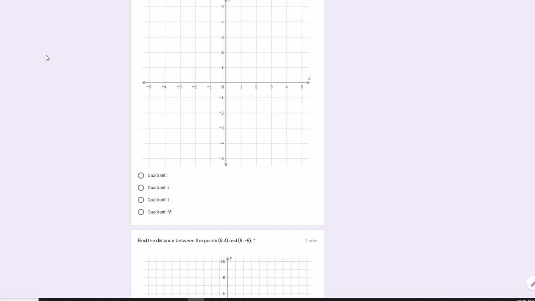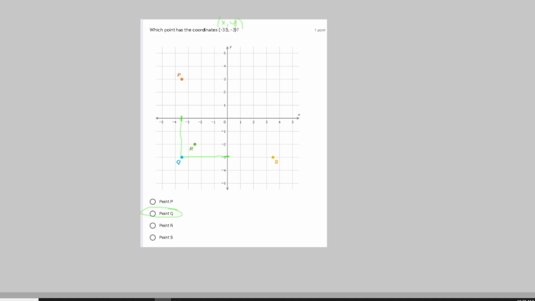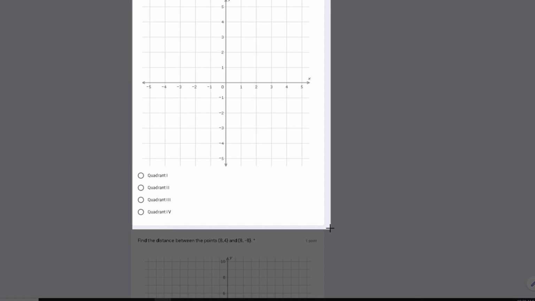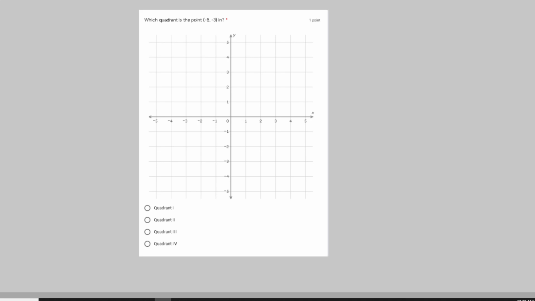All right, so what quadrant is the point negative 5, negative 3 in? There are two things you need to know to be successful for this question. First off, we have to remember what a quadrant is. Remember, we said this is quadrant 1, 2, 3, and 4. It's just something you have to memorize.